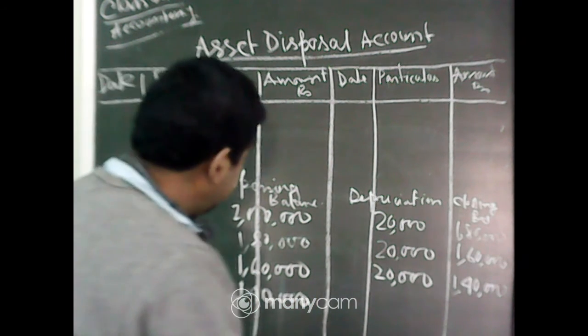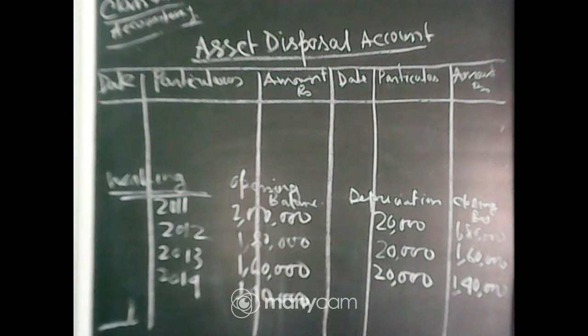In that year the machine was sold on 30th April 2014 and accounts are closed on 31st December. So January, February, March, April, we used the machinery just for 4 months. After that we sell it.